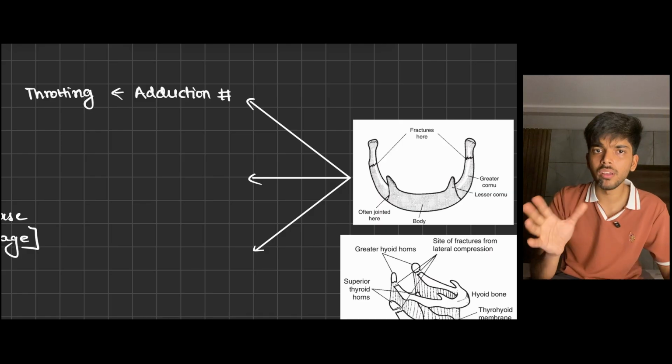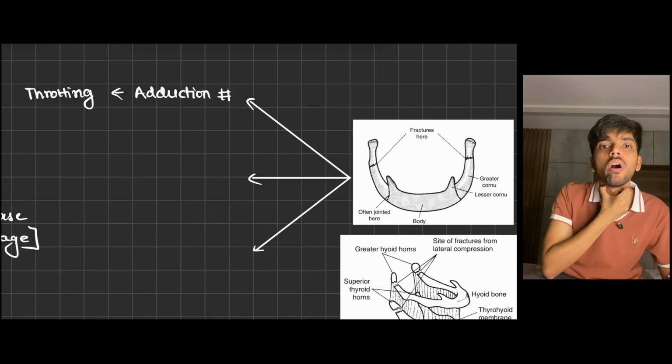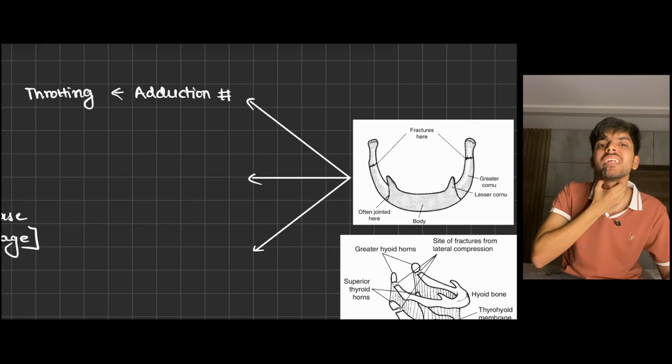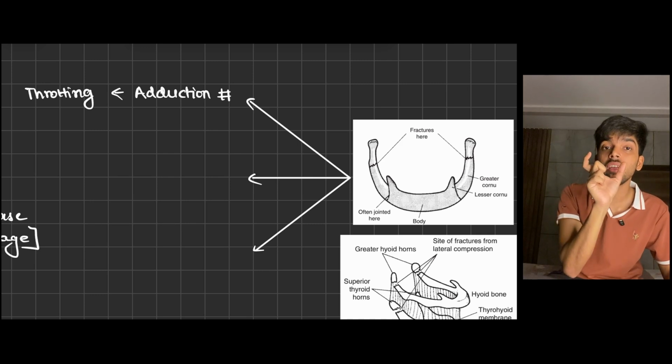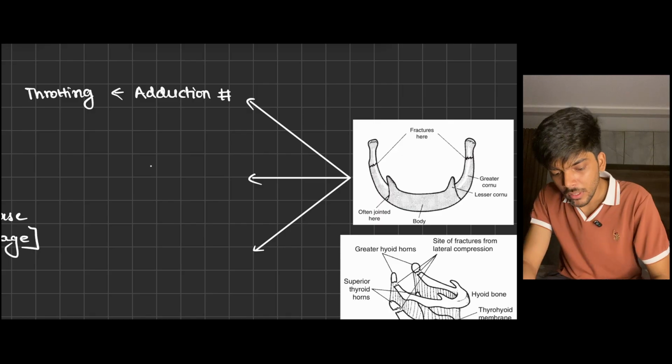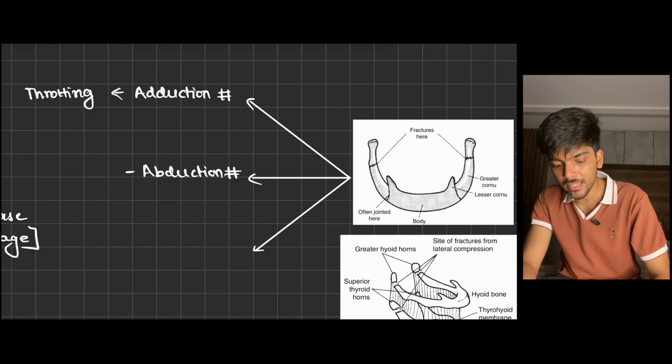Very simple logic. In throttling or manual strangulation, your neck is being pressed inward by the hand. So obviously, when the bone fractures, it will move inward. Then there's abduction fracture, where the fractured greater cornua move outward, both of them. This is seen in hanging.